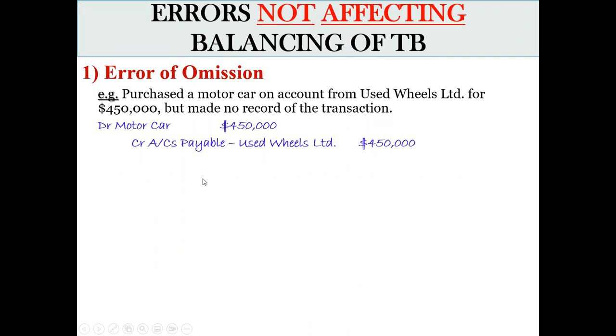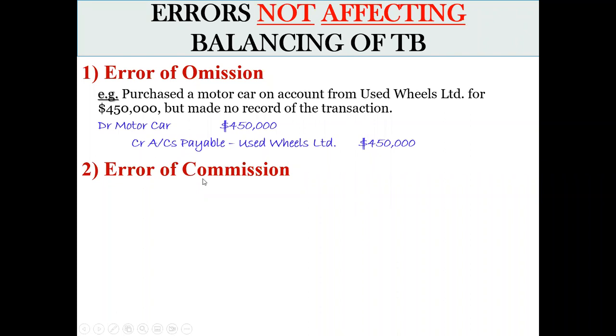The second one is what we call an error of commission. You make an error of commission when you put the amount in the wrong account of the same class.